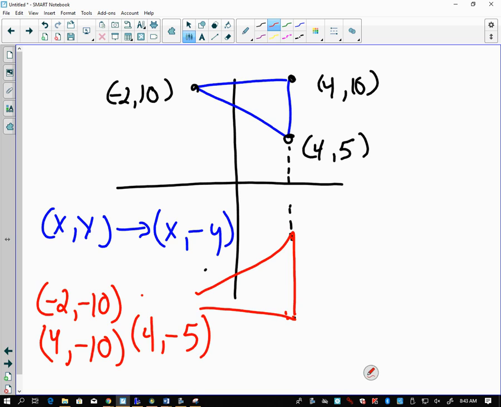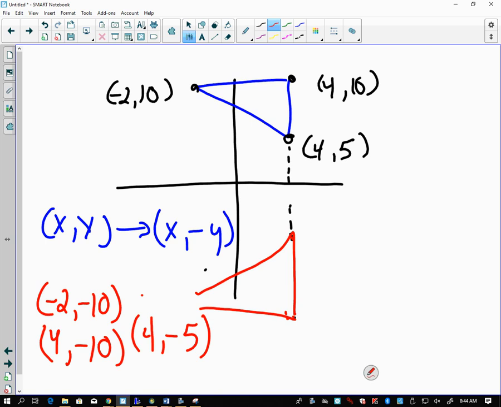I don't even have to draw the picture because I believe in this question, all they're asking for are the coordinates of the vertices. Does that make sense? If I'm reflecting across the x-axis from the positive side down, the same thing is true going the other way. This minus sign just means change the sign. So it could be going from negative to positive. If I was going from 4, -5 across the x-axis, I would get 4, 5 because 5 is the opposite of -5.